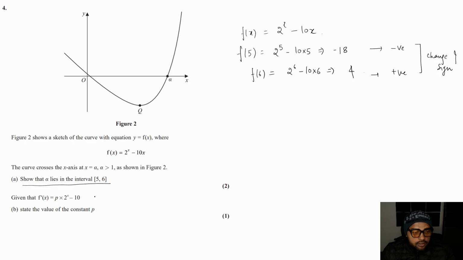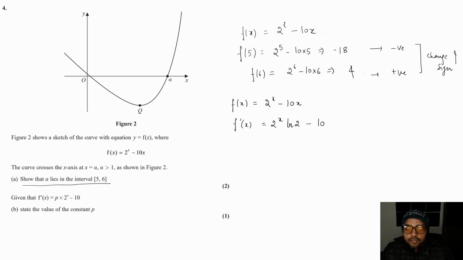Now in the second part they have given that f prime of x is equal to p cross 2 raised to the power x negative 10. So f(x), they have given us the function 2 raised to the power x negative 10x. f prime of x will be equal to 2 raised to the power x log of 2, this is the differentiation, negative 10.